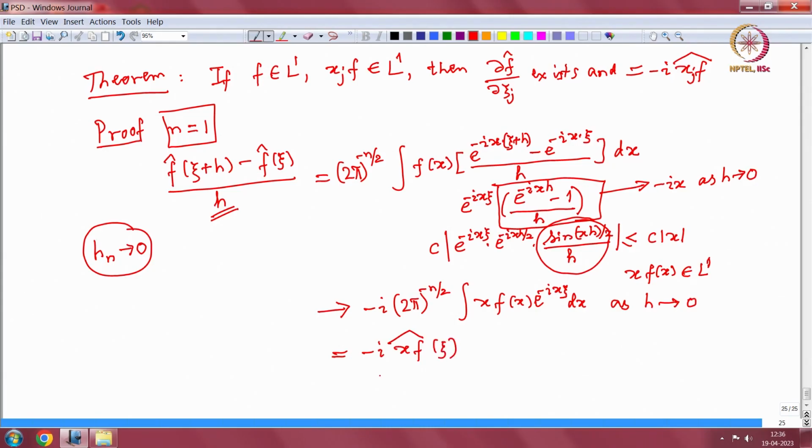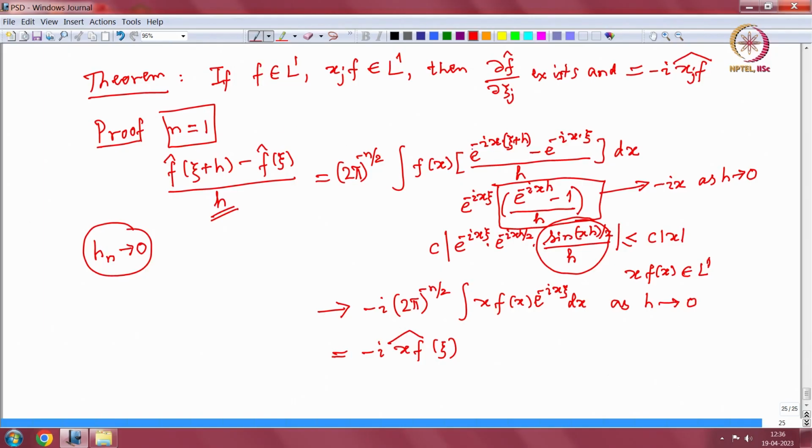In general, when you want to study in Rn, you just take h e j instead of h, so in that direction. The same proof works for that.